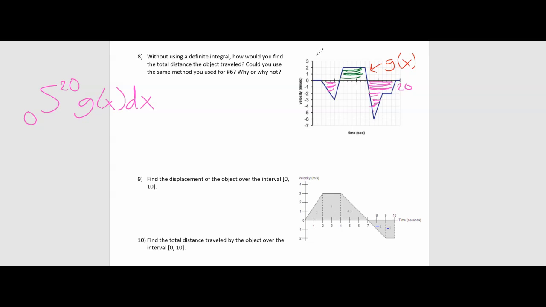If this was positive, then it would mean the object ends up to the right of the initial position. If this answer was negative, it would just mean that the object ended up to the left of its initial position. And then whatever the number is, that would give you the distance. The positive versus negative sign gives you the direction. The number would give you the distance. So this right here would be the displacement of the object.